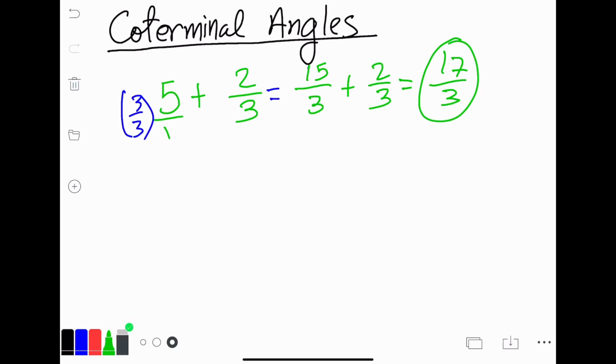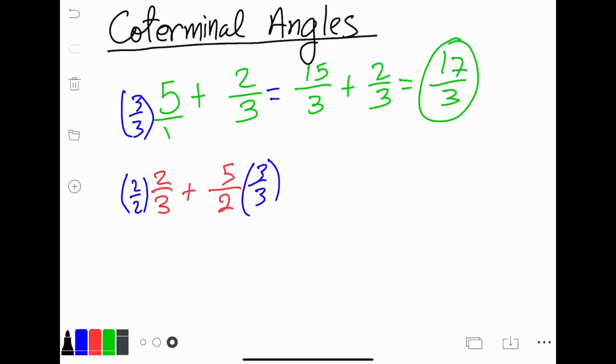Now, the last type of fraction that we may run into is when we have something like this. So here we have two fractions with different denominators. However, notice that the only common denominator here is going to be 6. So in order to make both fractions have denominator 6, I'm going to have to multiply the first fraction by 2 over 2 and the second fraction by 3 over 3.